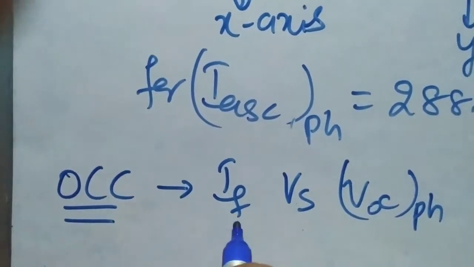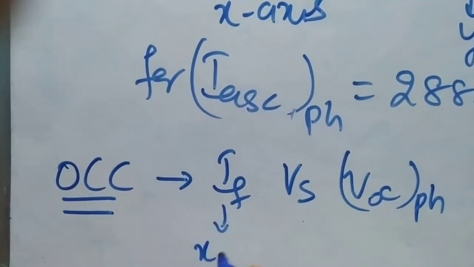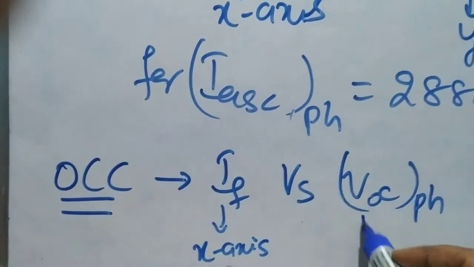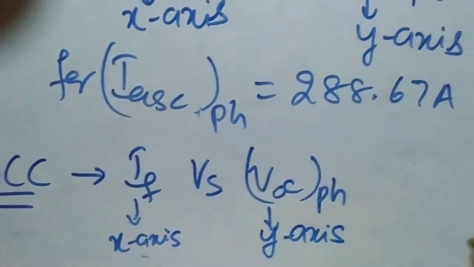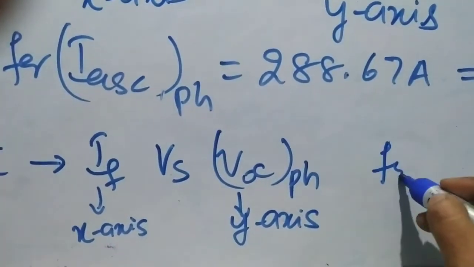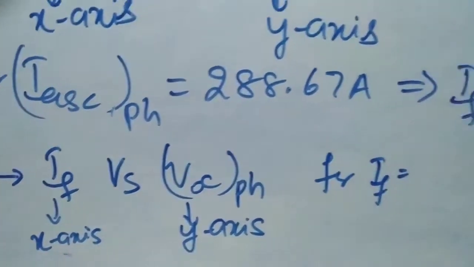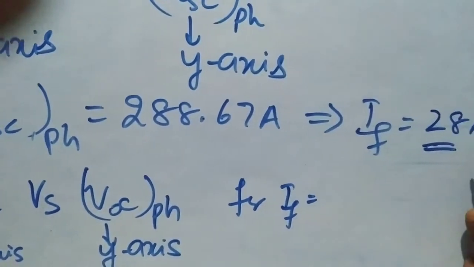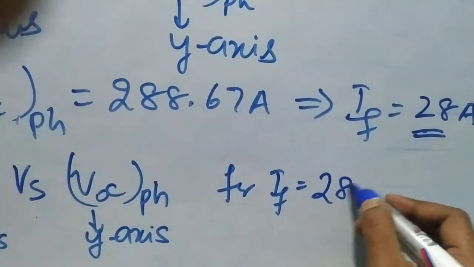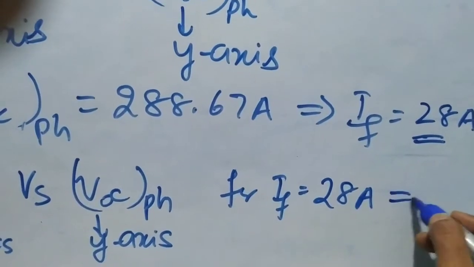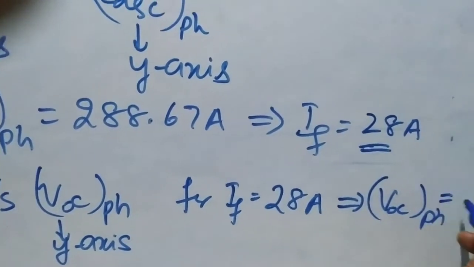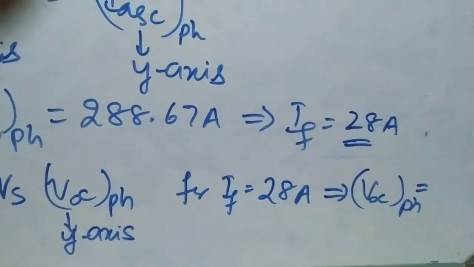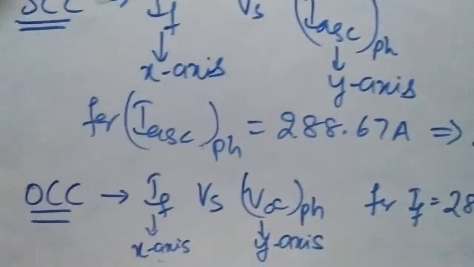Again this will be considered as your x-axis and the y-axis will be the VOC phase. So from this you have to write for IF is equal to 28 amps, the value you got from the short circuit characteristic. For IF equal to 28 ampere, what is the corresponding value of VOC phase? That we have to get from the graph after plotting the OCC curve.